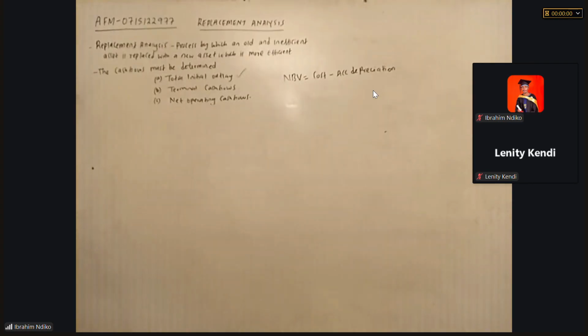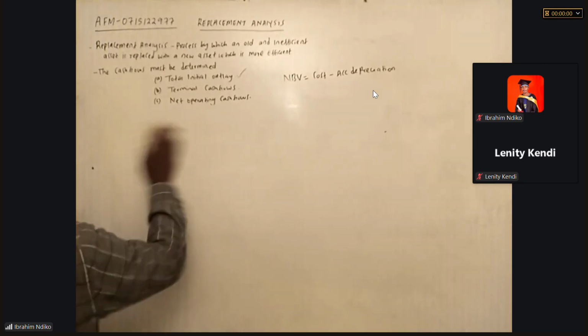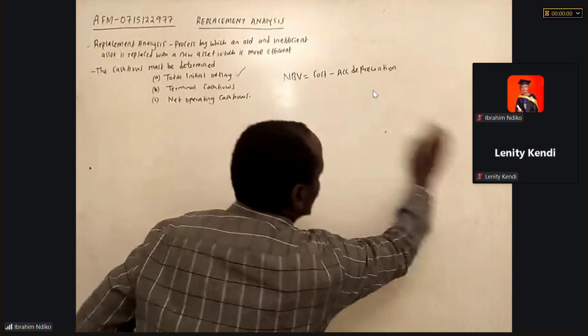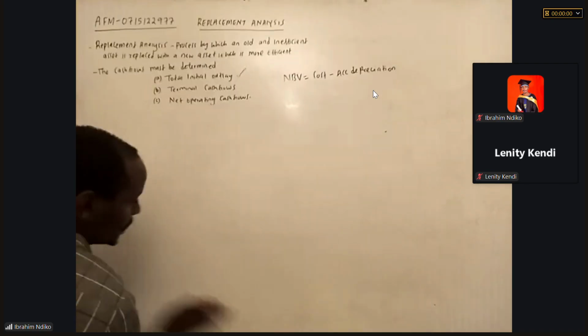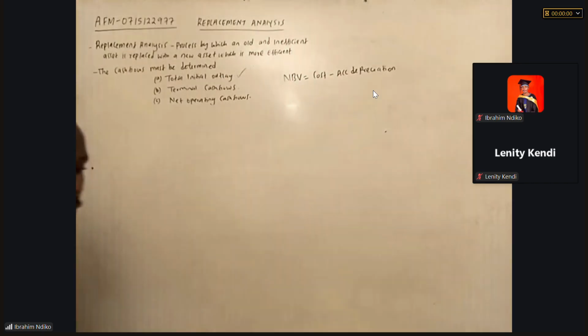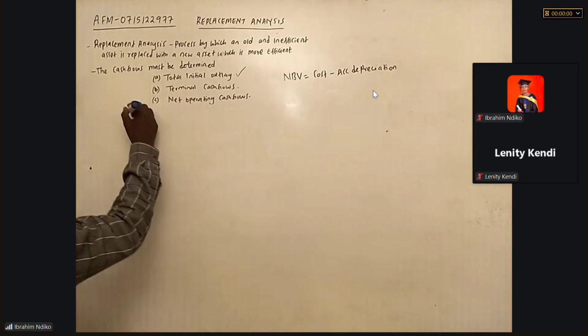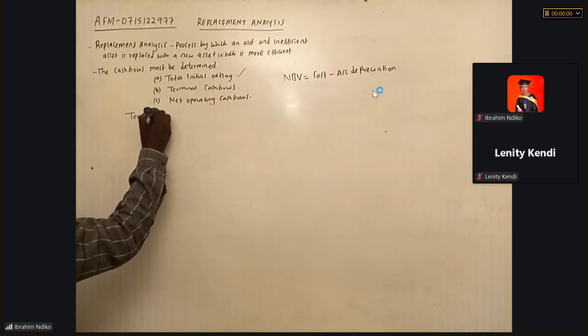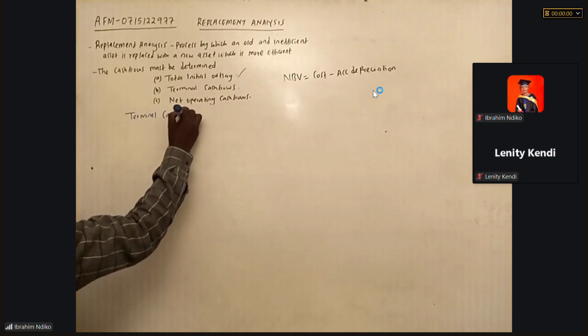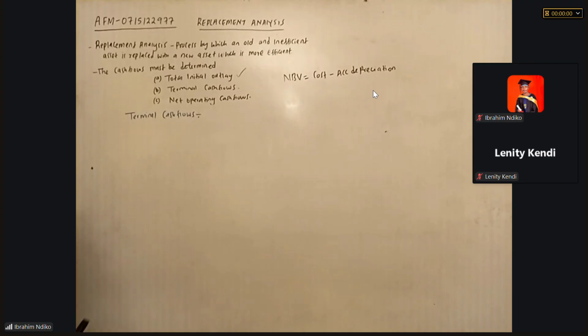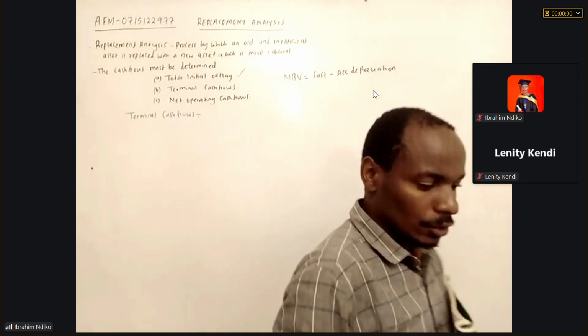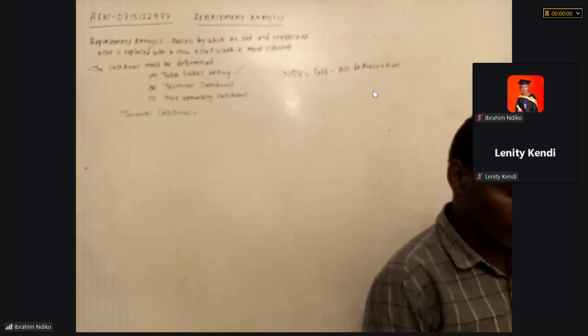Now terminal, it is the value of that asset at the end. So when we dispose of that asset at the end, we call it the terminal cash flow. So what is terminal cash flow?